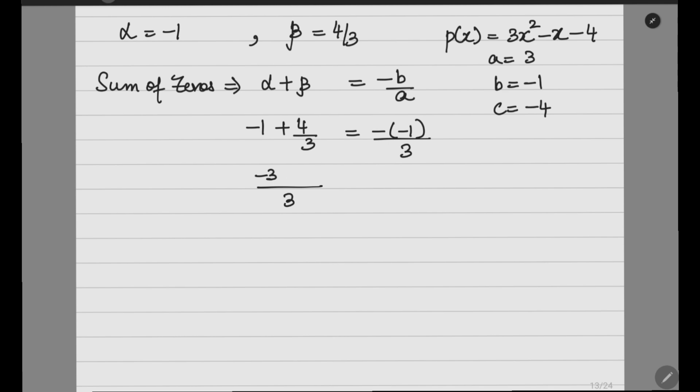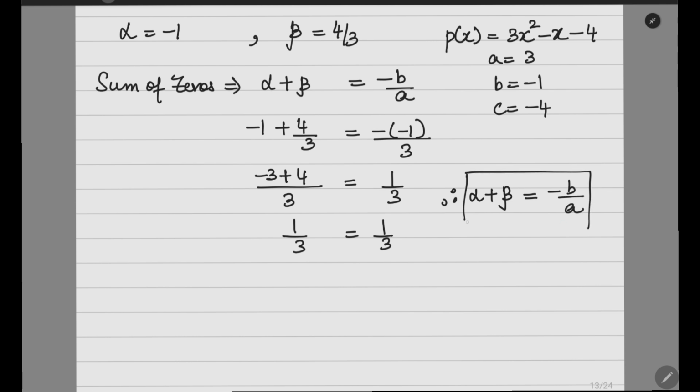It's minus 3 plus 4, that is equal to 1 by 3. So 1 by 3 is equal to 1 by 3. Therefore you have validated that alpha plus beta is equal to minus b by a. The first one is done.